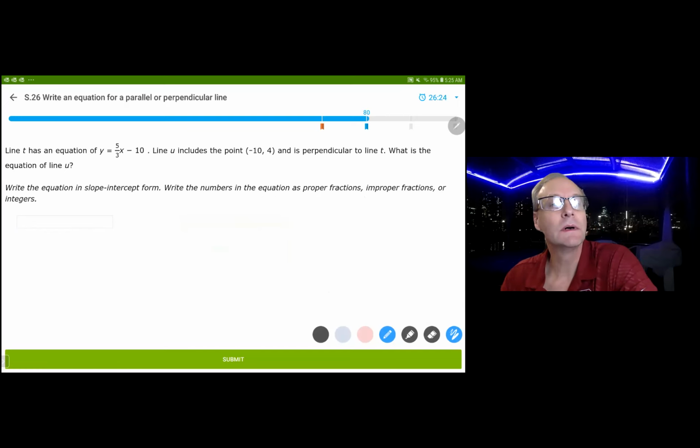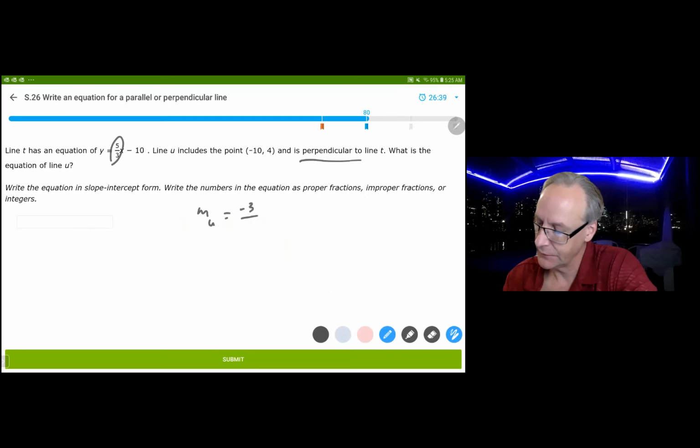All right, we want line U is perpendicular, so my slope is -3/5. Remember, the slope of U has to be the negative reciprocal there, which is -3/5. And we're going to go through -10, 4. The good news is it works out fairly evenly.